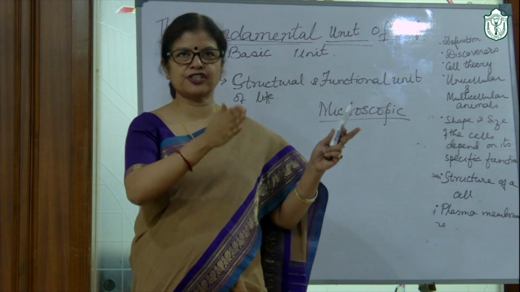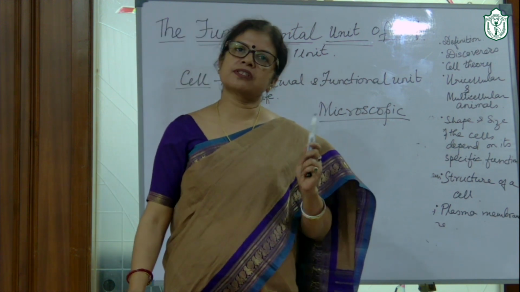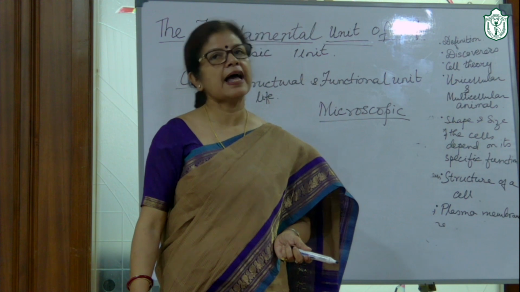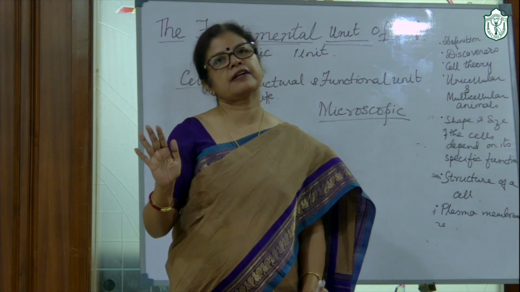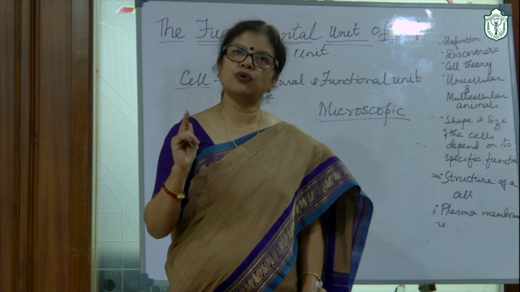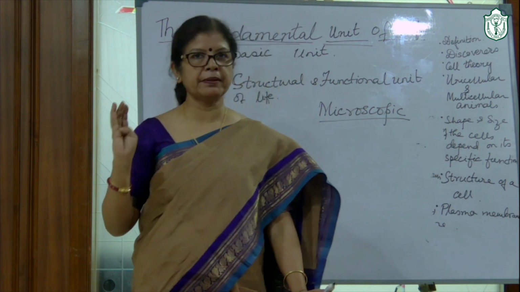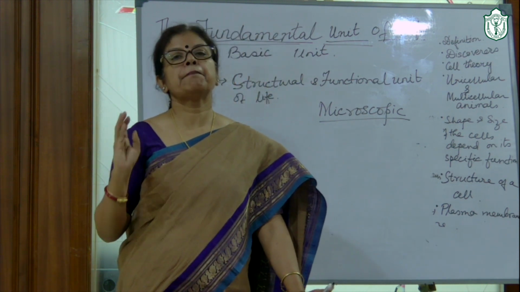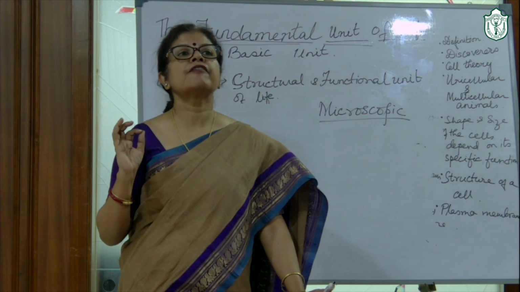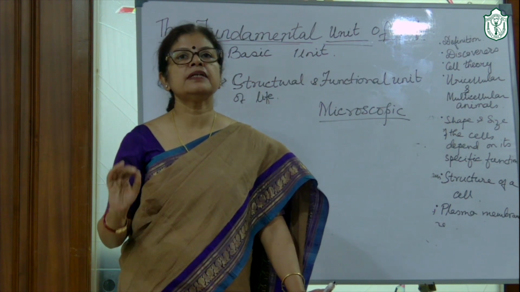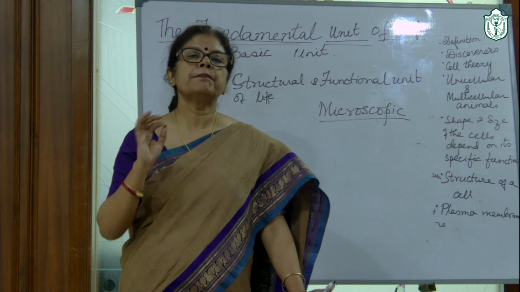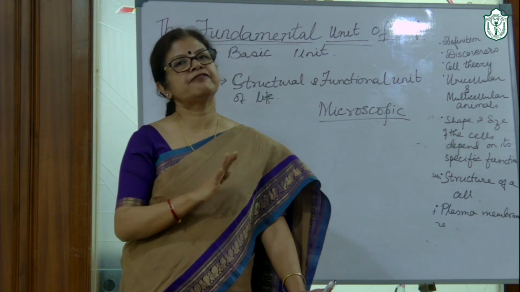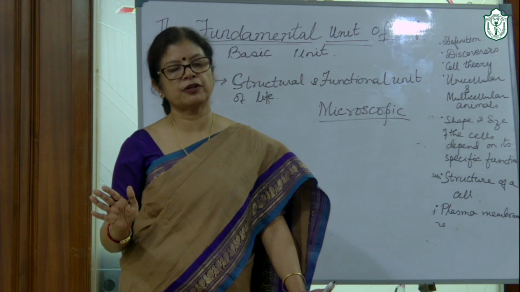According to the definition, that cell forms the structure of the organism as well as performs all the vital functions. Organisms like amoeba, bacteria and paramecium are known as unicellular organisms. A single cell forms the structure and performs all the vital functions of the body.